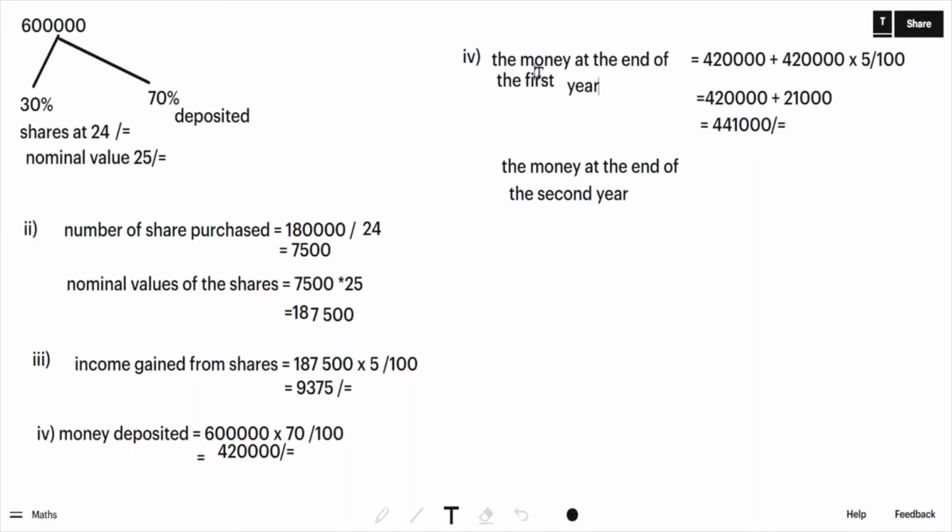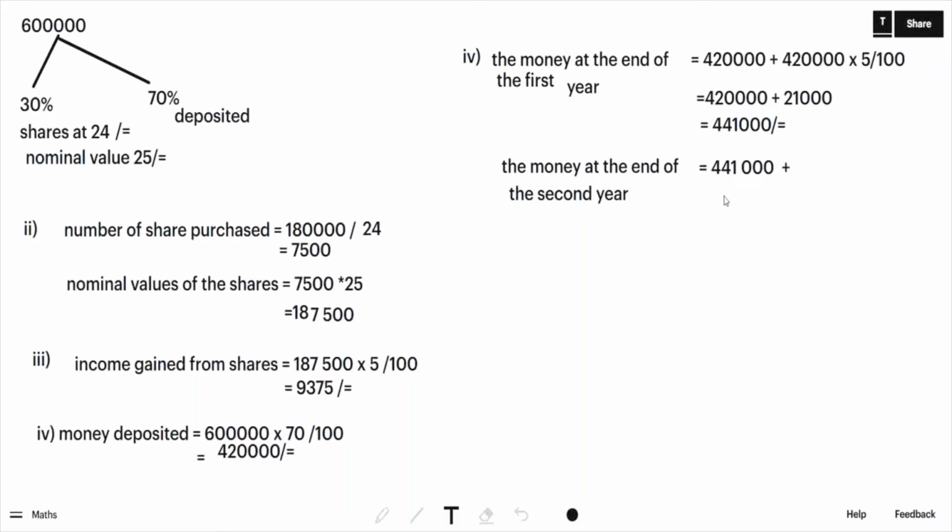The money at the end of the first year, the money at the end of the second year. This is what they are asking. We know the money at the beginning of the second year is 441,000 now, because the bank had paid a 5% interest for the money we had in the beginning of the year. This is the money we have at the beginning of the second year.